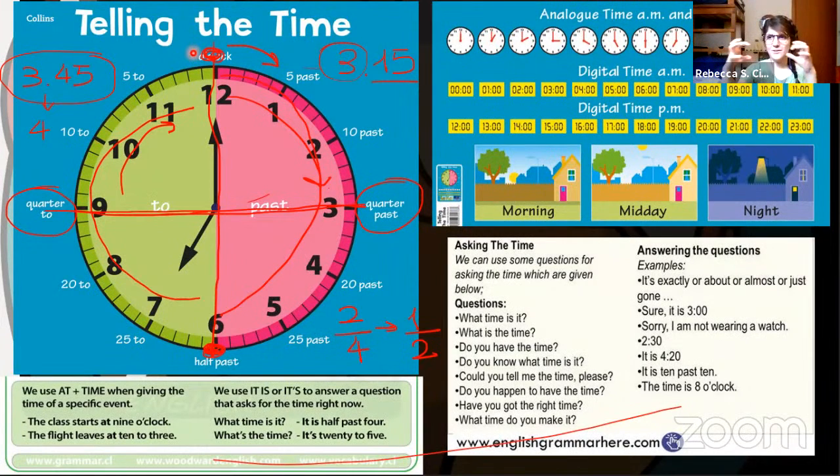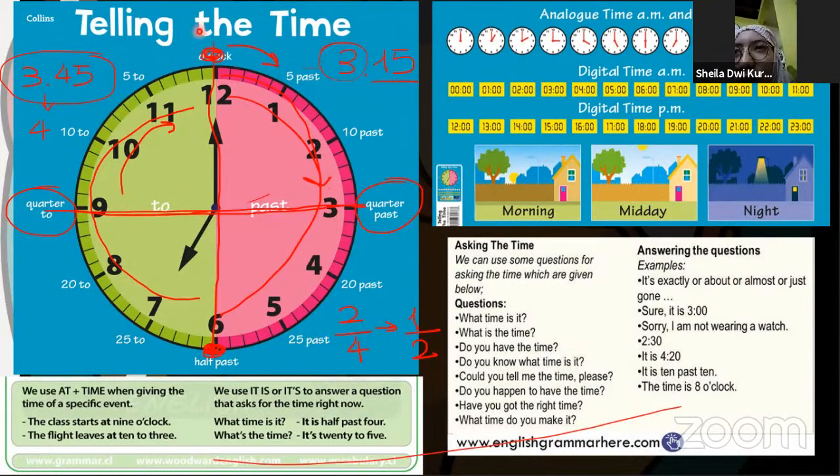So you just make it shorter and you say that it's 5 to 9. 5 to 9. Oh, okay. For example 10:50, so I said 5 to 11.